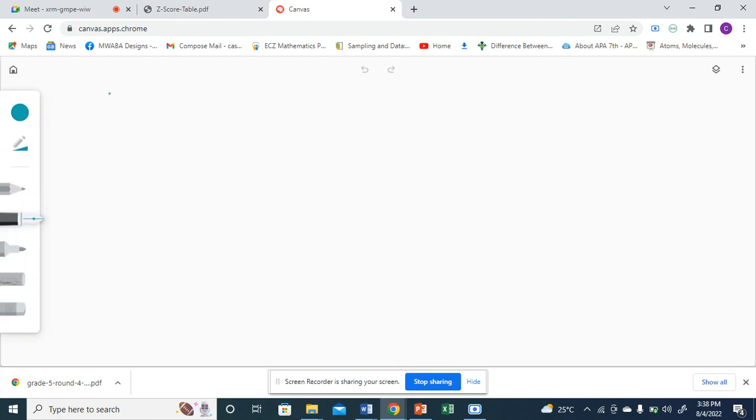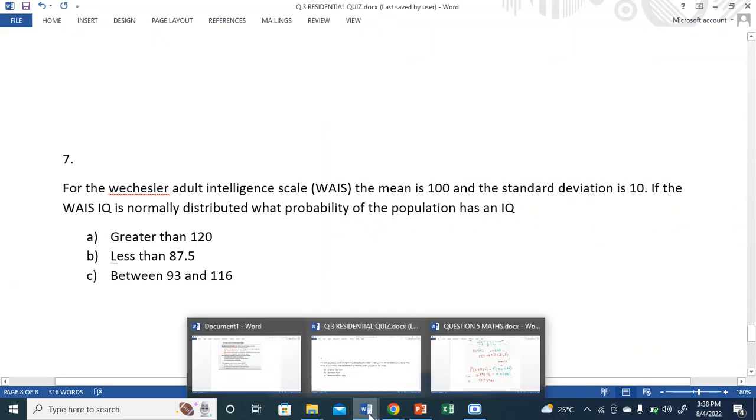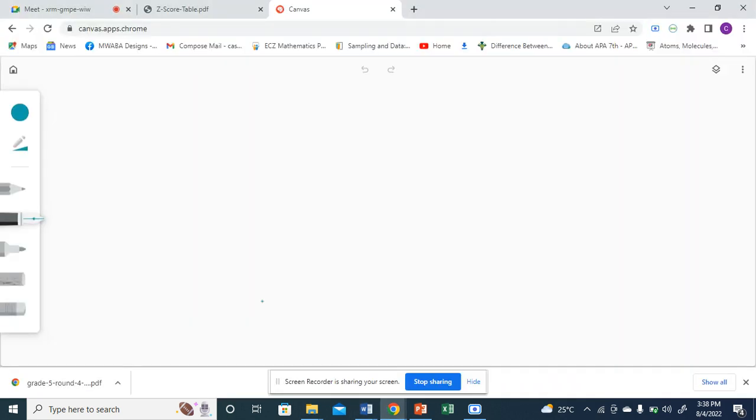So you're going to say x equals 93. We find our z-score here. z equals x minus mu, which is the mean, divided by the standard deviation.